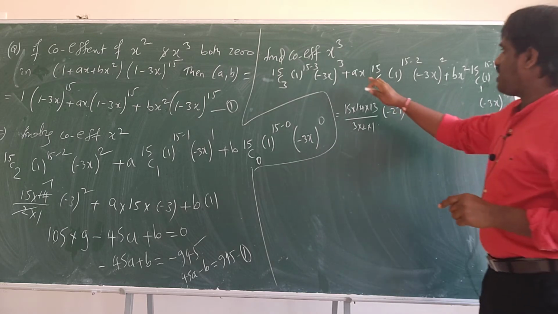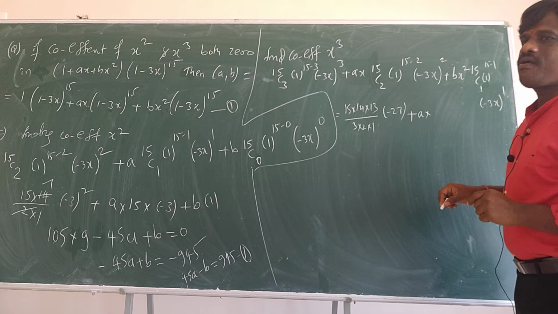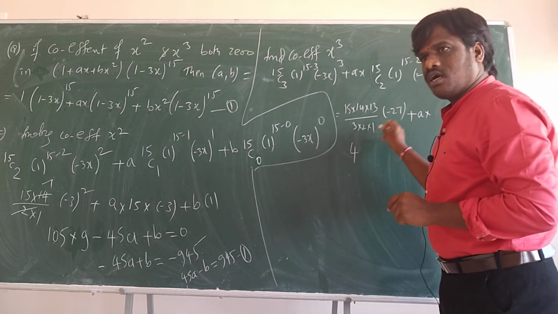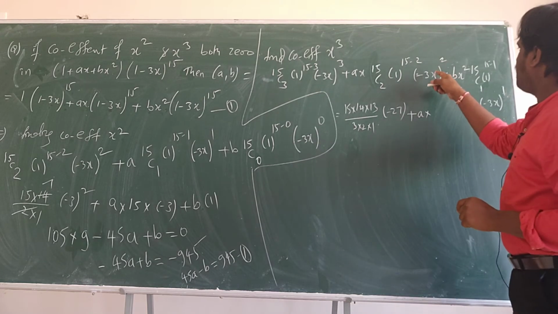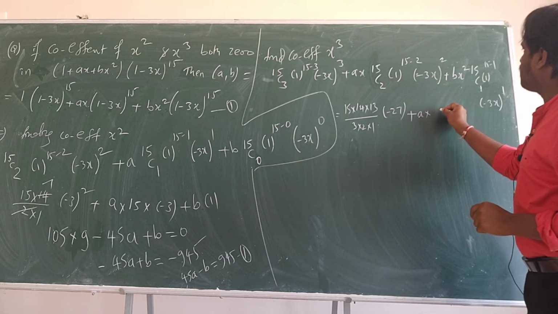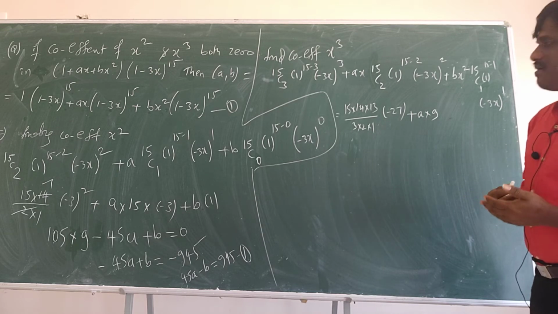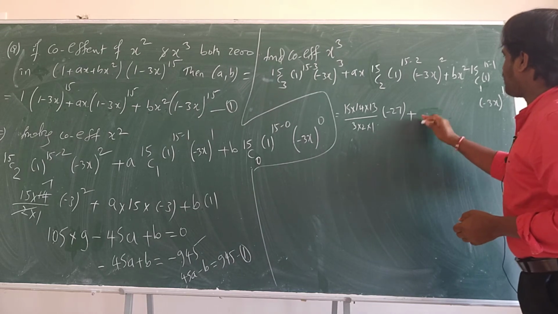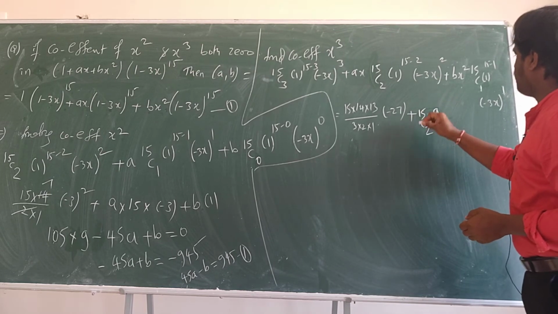Plus a into 15C2, which is 105, and minus 3 square is 9.